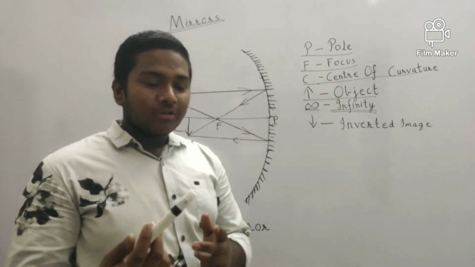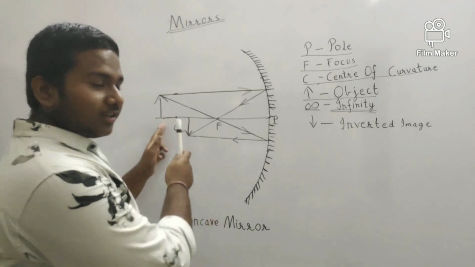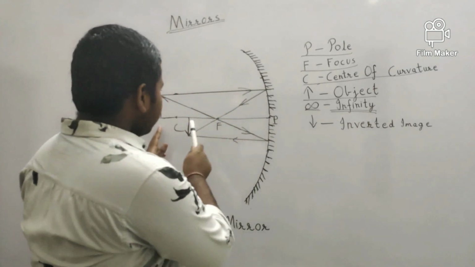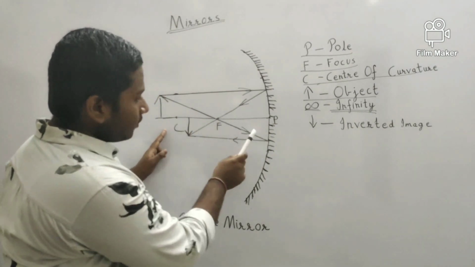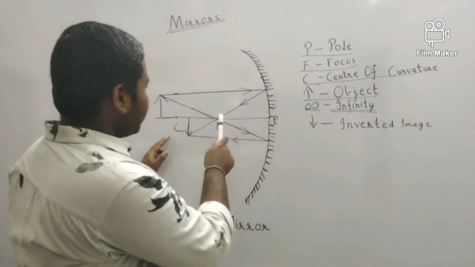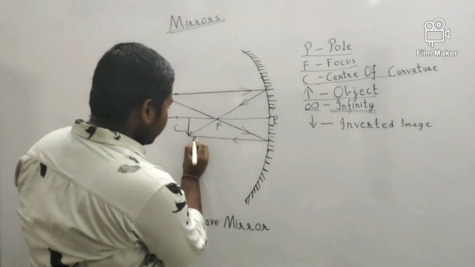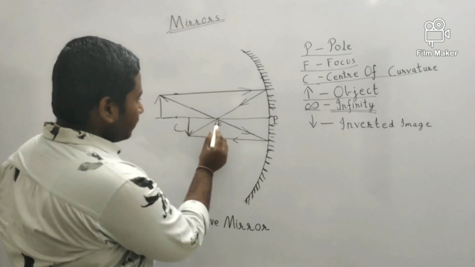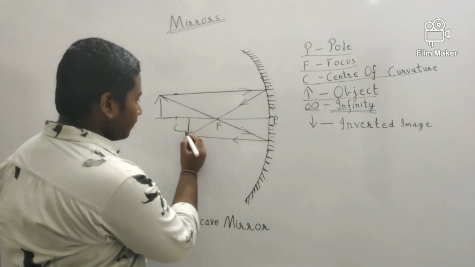Another case we are going to learn is when the object is placed beyond C. When the object is placed beyond C, one ray we will take parallel to the principal axis, and another we will take going through focus and reflecting parallel to the principal axis. Where both rays join at a point, that point lies between C and F, between focus and center of curvature.